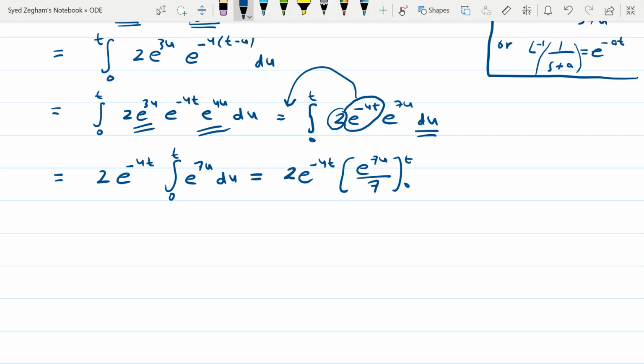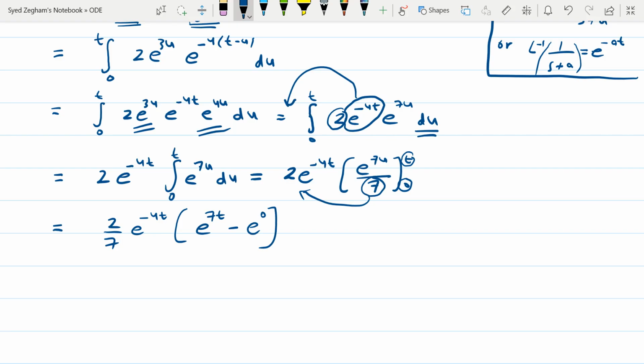And finally, we will put the limits, and one more thing we can do is shift this 7 outside the bracket. So that will become 2 by 7 e power minus 4t. And now we will put the limits t and 0 in e power 7u. So this gives us e to the power 7t minus, when we put 0, it will give us e to the power 0.